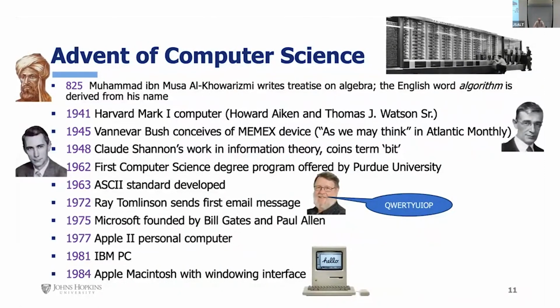Computer science comes along. I guess in 825, we found out what an algorithm was. Skipping all the way to 41, that picture on the upper right is the Mark I computer. And that's probably some small portion of what's living in your watch now. In 1945, Vannevar Bush produced a very influential paper that essentially foreshadowed the World Wide Web.